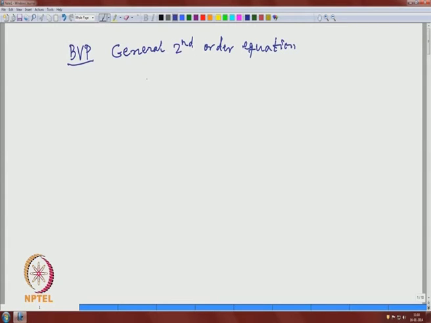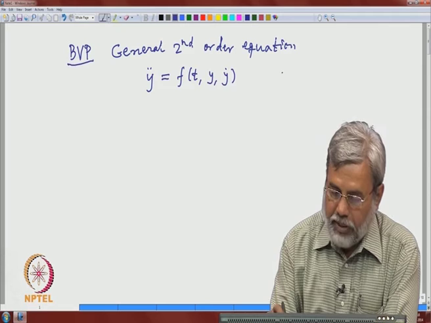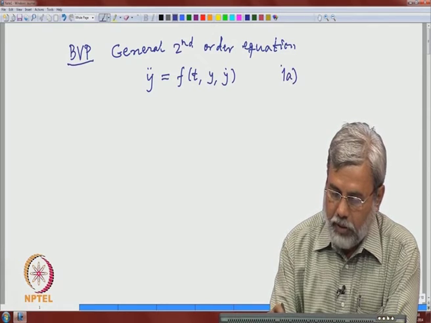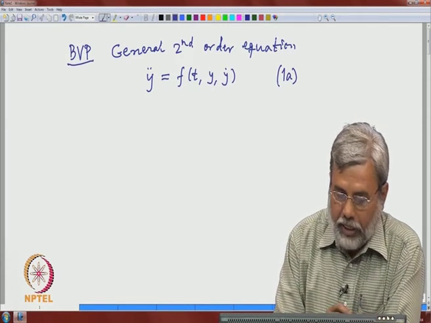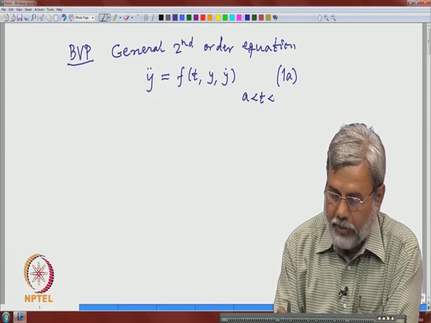So, this is y double dot equal to f of t, y, y dot. This is the equation and the boundary condition, in a less than t less than b.